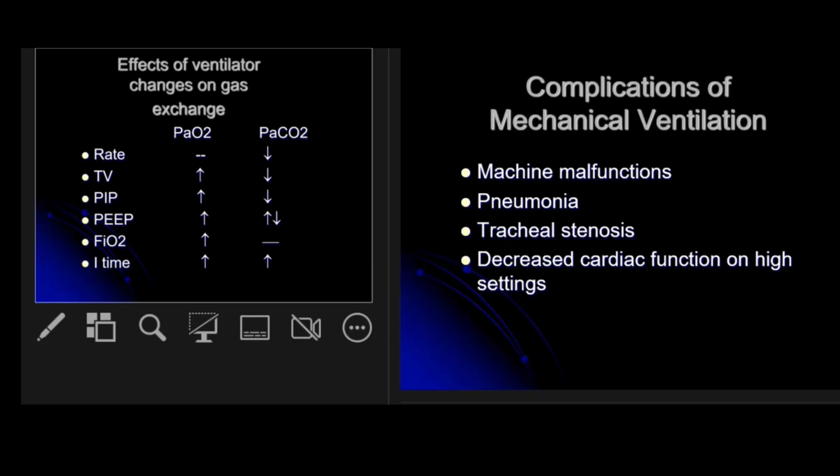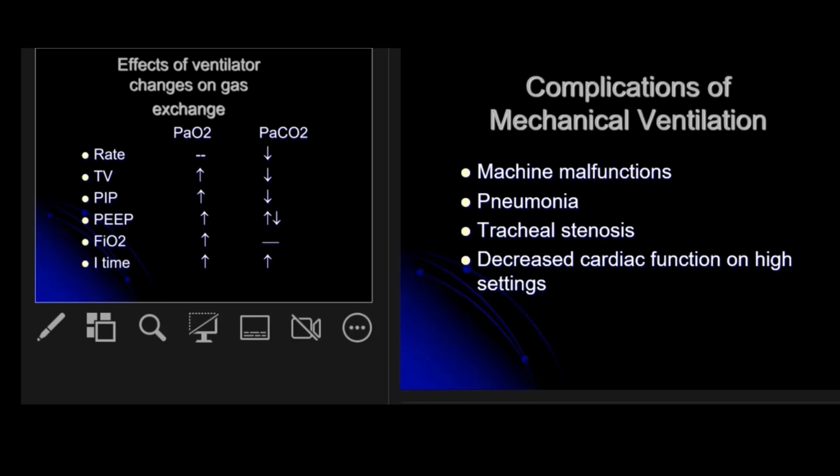Different ventilator companies have different ways of doing it, and they patent all their different ways. The important thing to remember is that if you increase pressure control, you may be increasing your delta P, or you may be increasing your PIP.